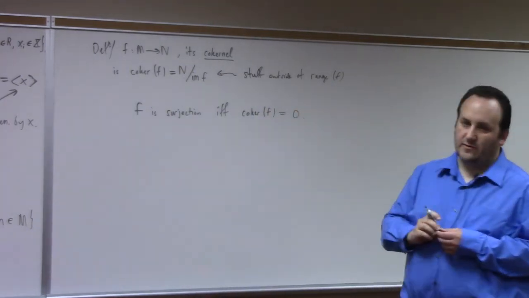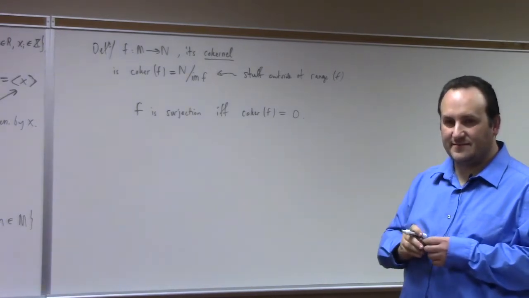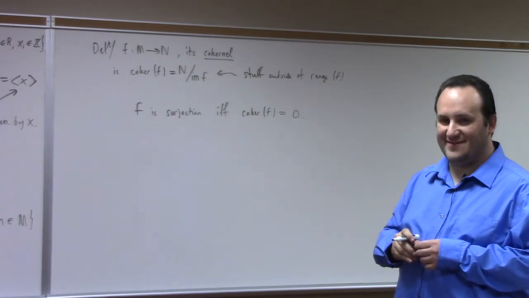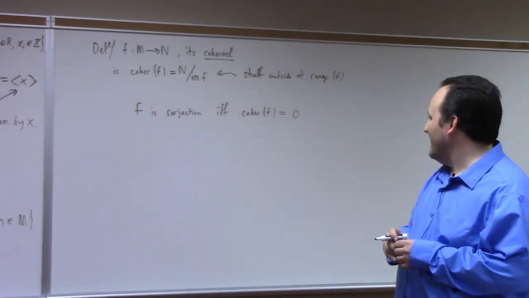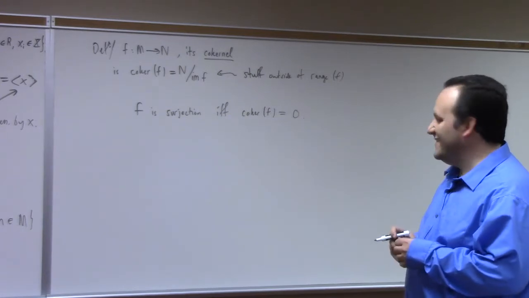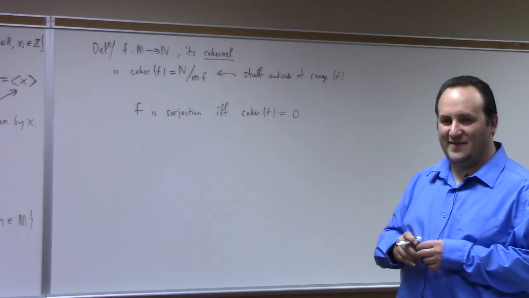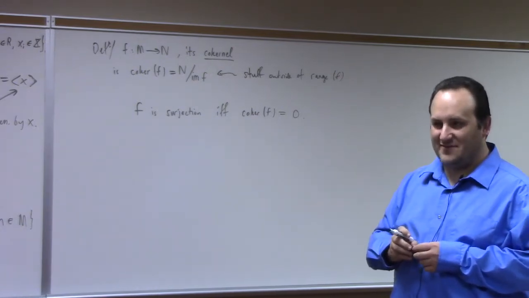Because if the cokernel of f is 0, that means that the image of f is equal to N. And so you see why it's called the cokernel. Anyway, that's kind of neat. Just in the same sense that kernel being 0 gives you injectivity, cokernel being 0 gives us surjectivity.